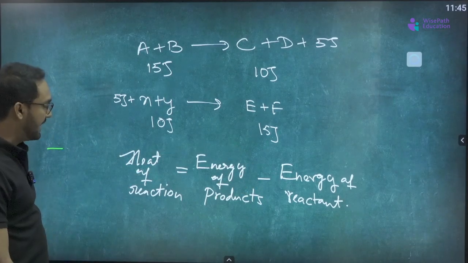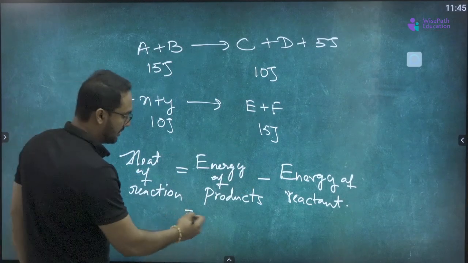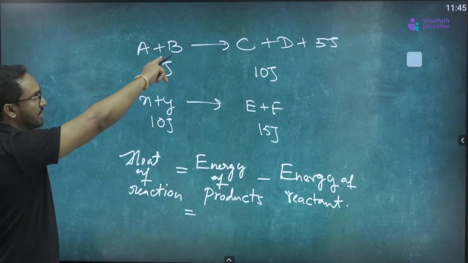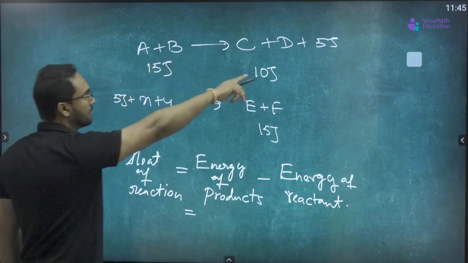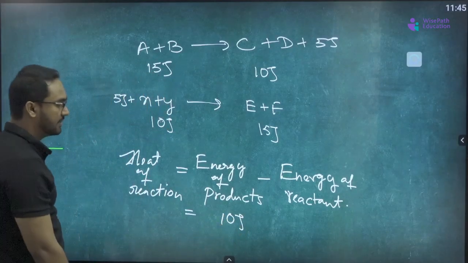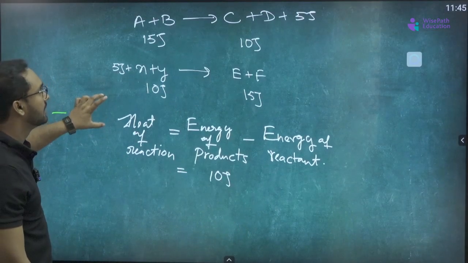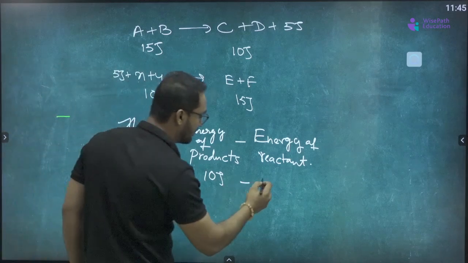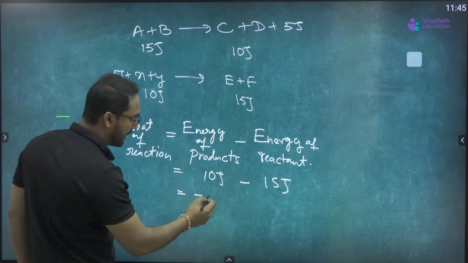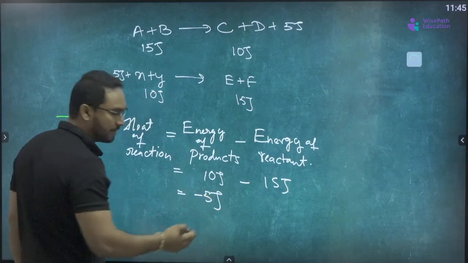So if it is an exothermic reaction, now tell me the values. First one is an exothermic reaction, isn't it? So the energy of the product is how much? 10 joules, and the energy of the reactant is 15 joules. So minus 15 joules, and it gives an answer of how much? Minus 5 joules, isn't it?